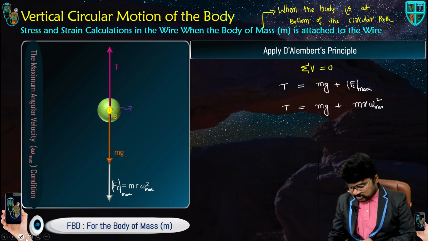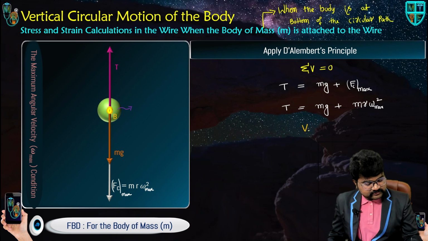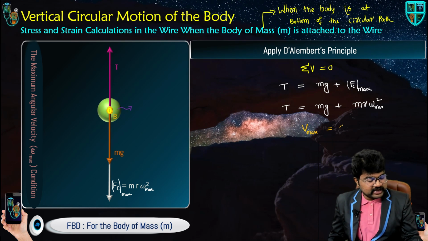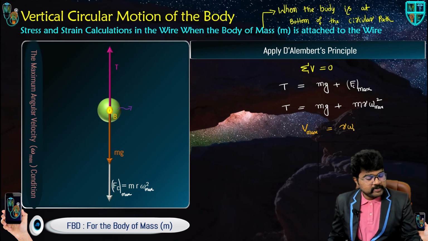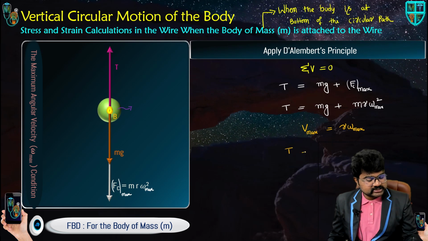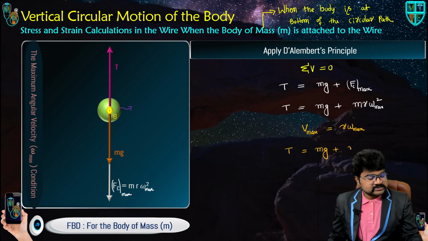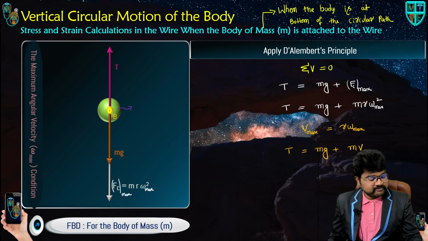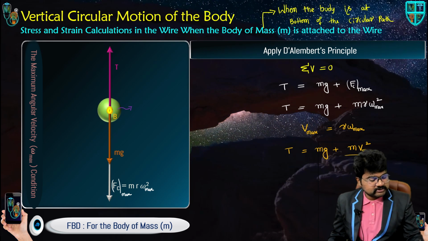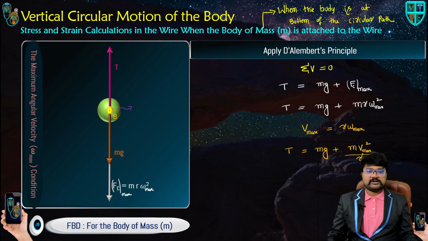Understood na? So here I want to tell you one more thing. I want to write this in terms of V maximum linear velocity or omega maximum. Tension in the string equals mg plus m V maximum square by r.